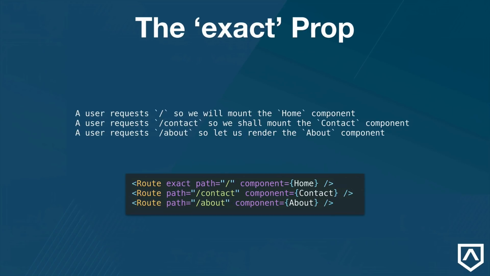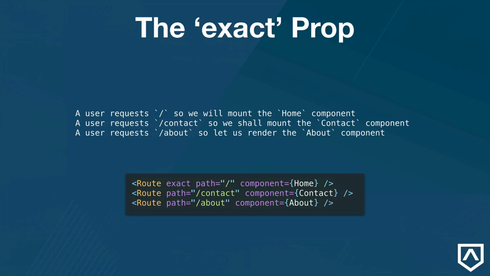Introducing the exact prop. We have our same situation with the same routes, but you'll notice that on the Home route, we've added the prop exact to this route. What this will do is it will do an exact regex match with that particular path.